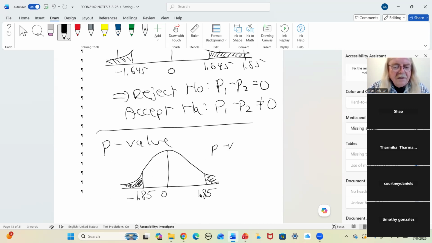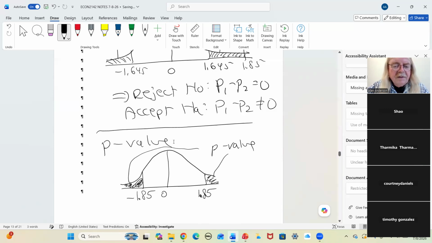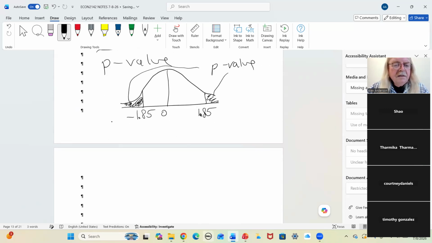Here it's these two pieces, so we need both of them. We can actually just look up one of these and double it because they have to be the same due to the symmetry of the distribution.